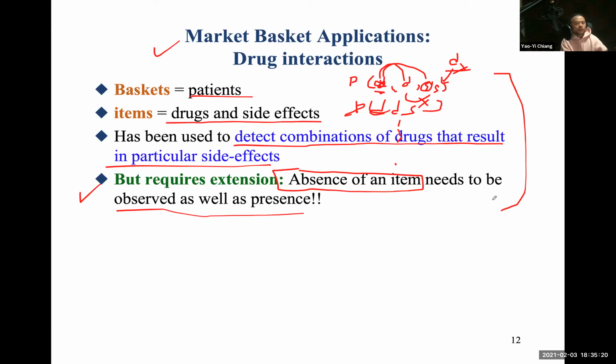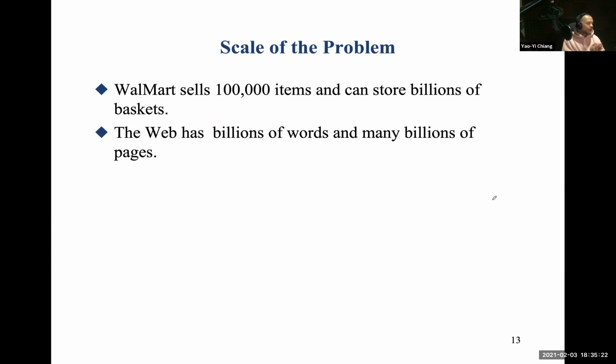All right, so what is the scale of the problem? Remember at the beginning, we talked about large data sets. If you look at Walmart, 100,000 is the number of different types of items that can be in a transaction, and they can store billions of baskets. And the web would have billions of words and many billions of pages.